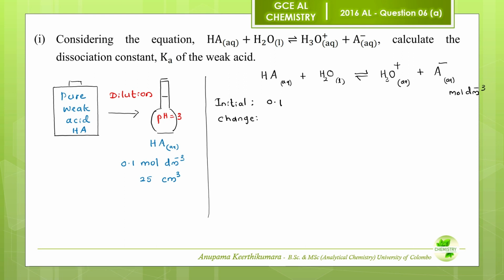Therefore, if X amount is dissociated from the weak acid, the produced amount of H3O plus as well as A minus are X. So we can write plus X and plus X for both H3O plus and A minus.